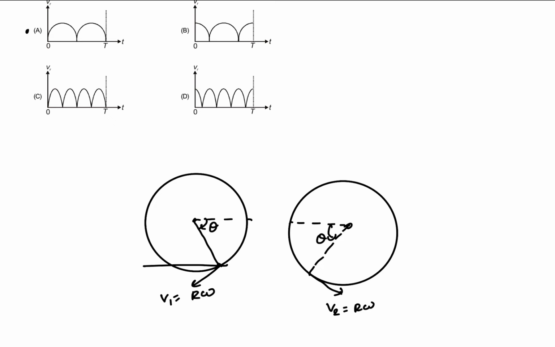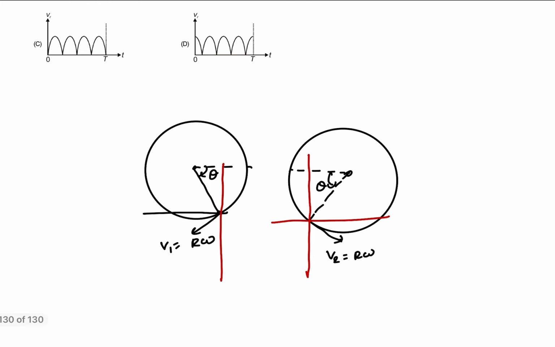Now if I resolve the components along the x-axis as well as the y-axis, how will these values be? As it is theta, we can write this as 90 minus theta, and this will be theta. Here also theta is there. R omega cos theta downside in both the cases, and r omega sin theta, and this is r omega sin theta.